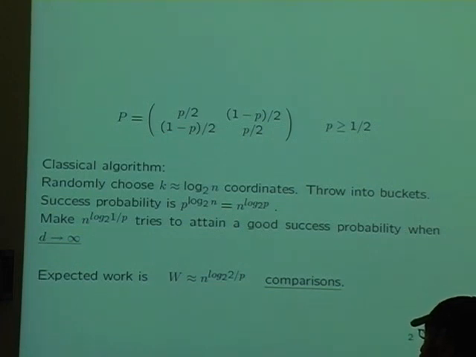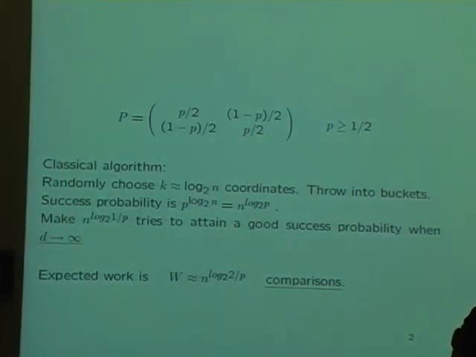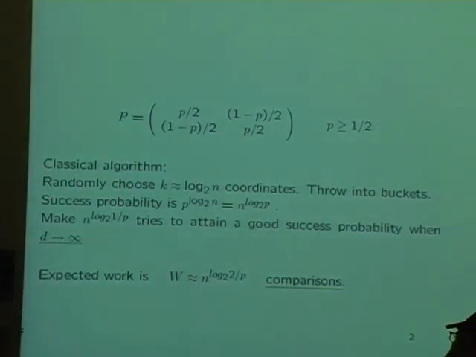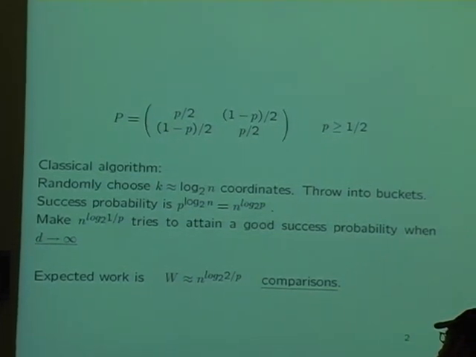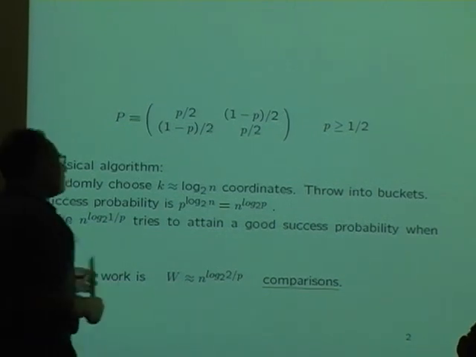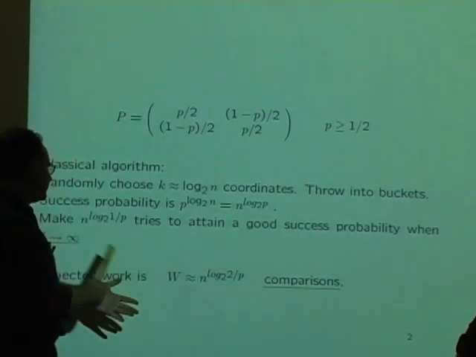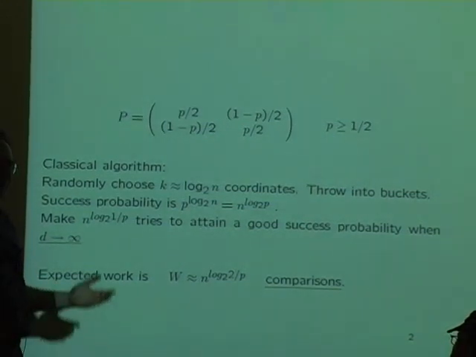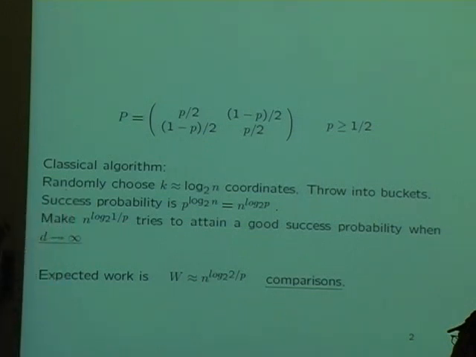Now, I highlighted here two things that I want to stress. One, why do I talk about comparisons? I mean, you would say that the natural unit would be just, say, bit operations. The reason why I talk about comparisons is because, for instance, if d, the length of the sequences, is very, very long, and we would say that when we go and compare one to another, it's work d, then you would say that the work goes to infinity with d.